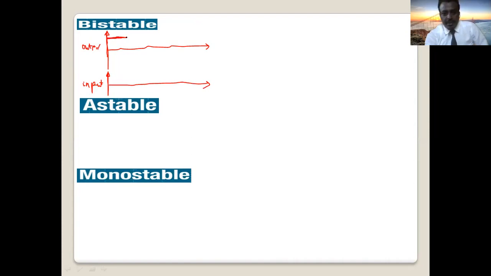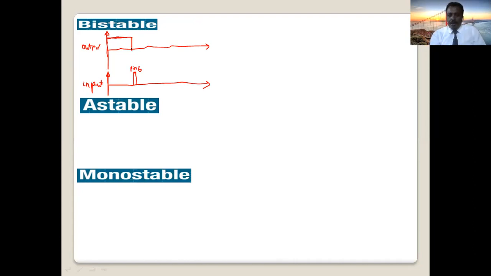It is stable. Now, when you apply an input, let's say at pin number 6, we apply a small input here at pin number 6, the threshold input. When you apply the input, it changes to low state.